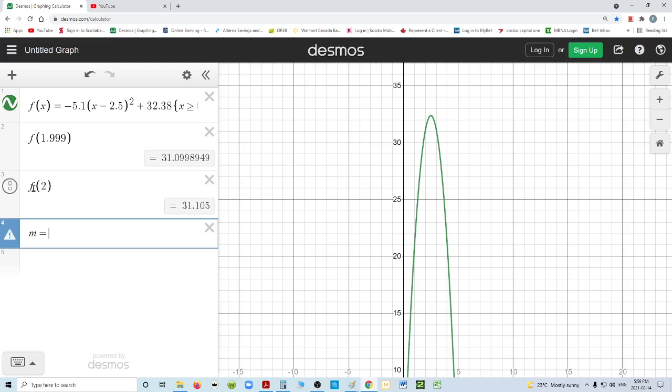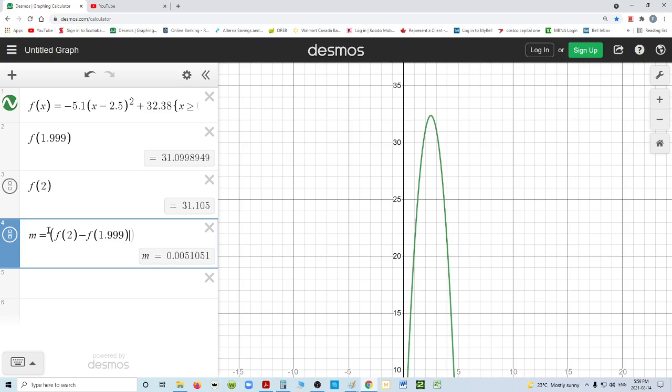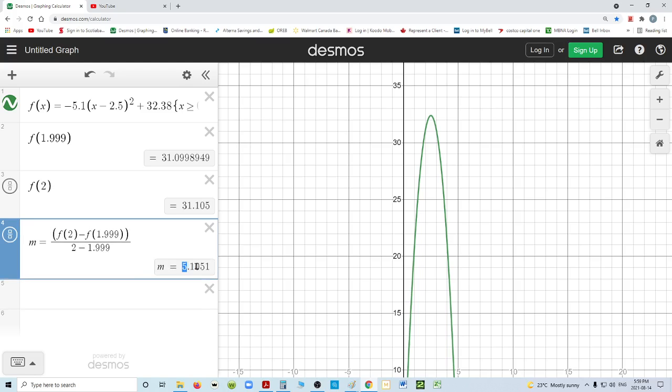So m is equal to f of 2 minus f of 1.999, divided by its difference. Put a bracket here and a bracket here, and its difference between 2 and 1.999. And there you get a much better idea of this.